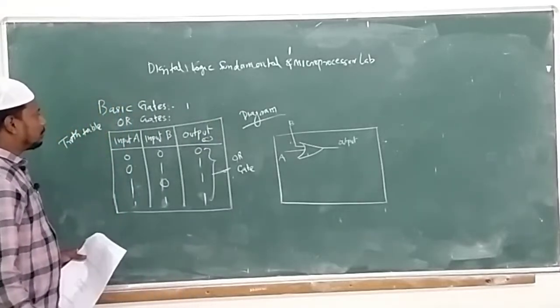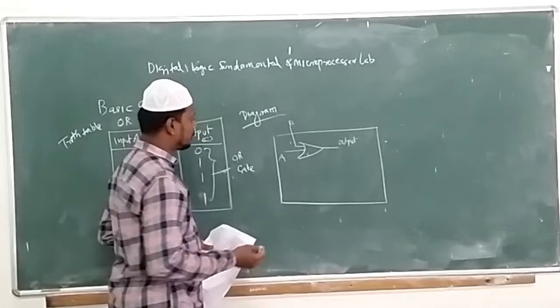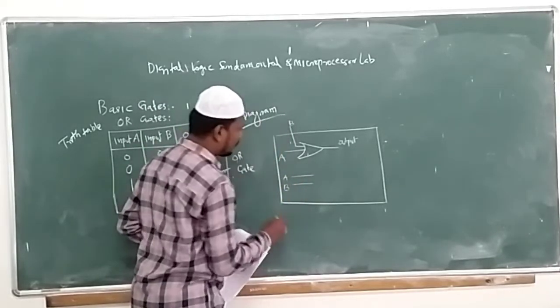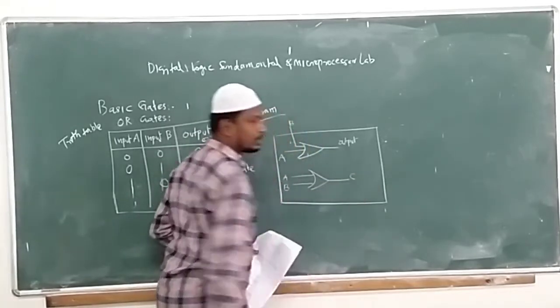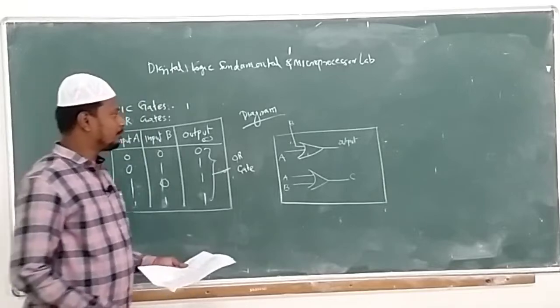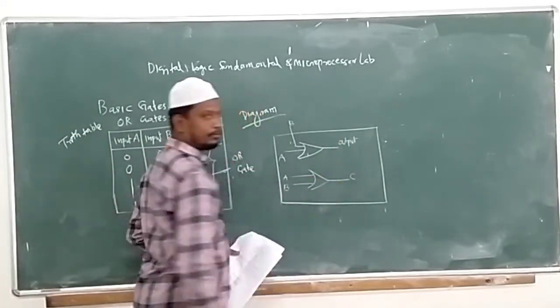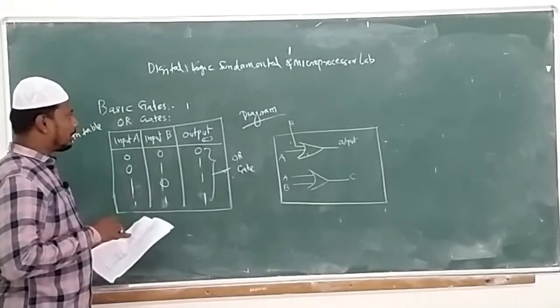So, the diagram for the OR gate uses a different symbol. Next, you enter the A value and the B value. So, this is the OR gate, and the output is displayed as C. Okay. So, this is the difference between the AND gate and the OR gate.